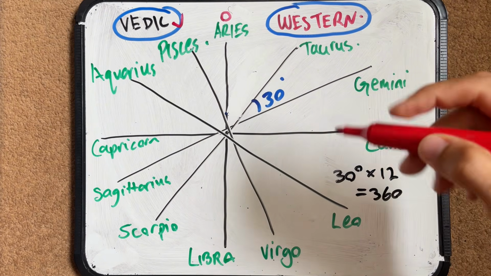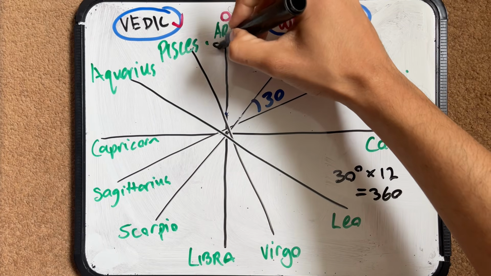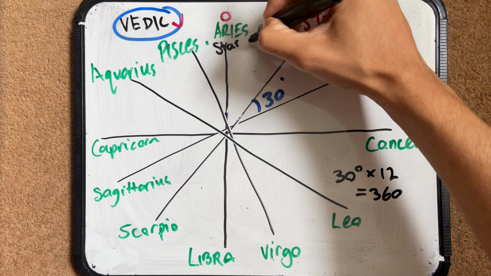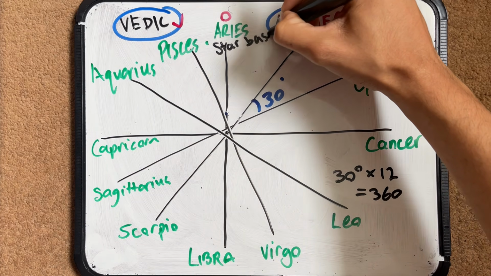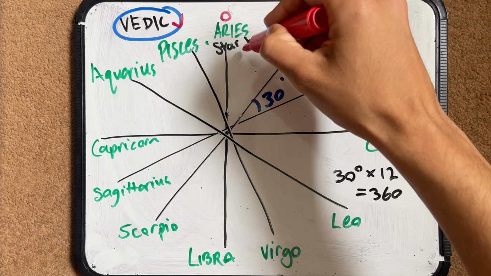It is tied to the star-based zodiac. This is the system that we use in Vedic astrology. So in simple words, sidereal astrology is star-based. This is why your sign may change. It does not mean one system randomly changed your chart. It means both systems are using a different starting point.